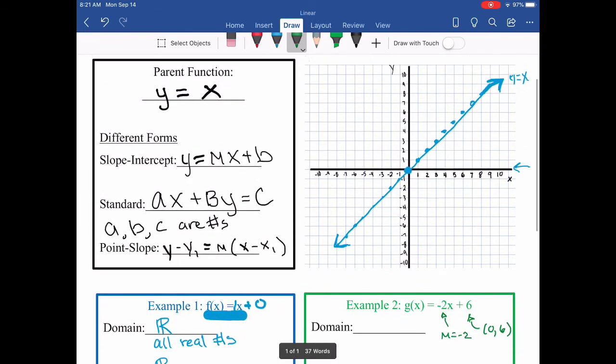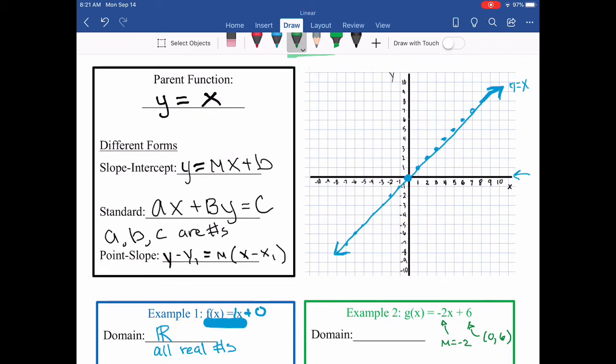My slope of negative 2 means I go down 2, to the right 1. There we have our line.